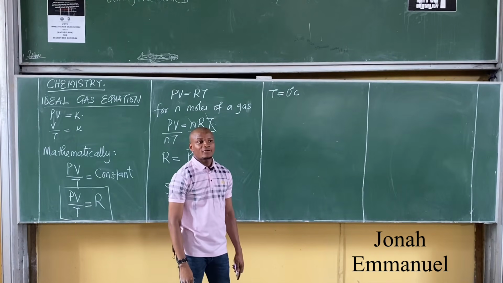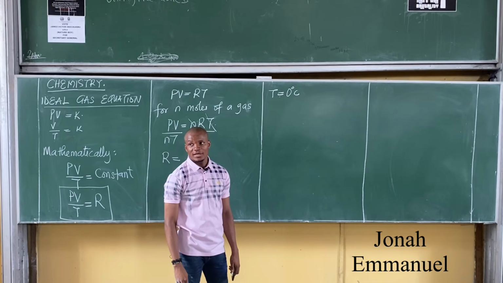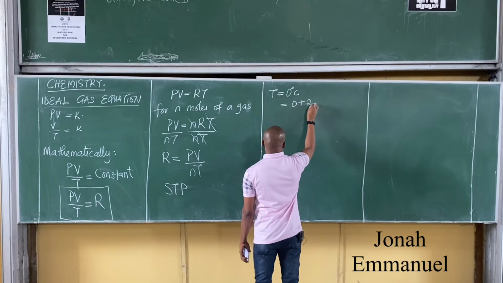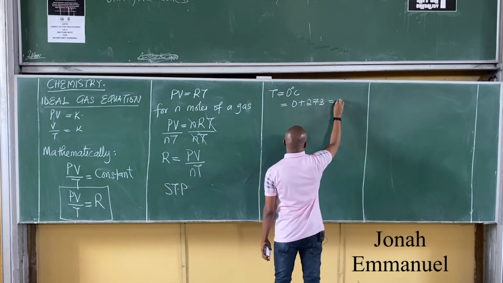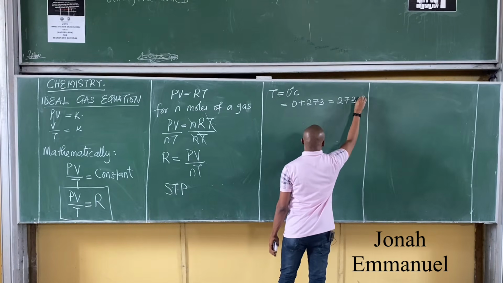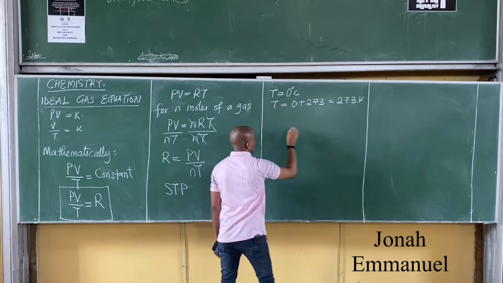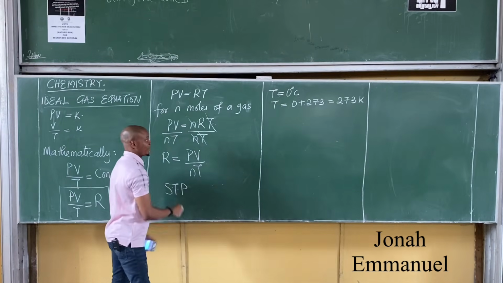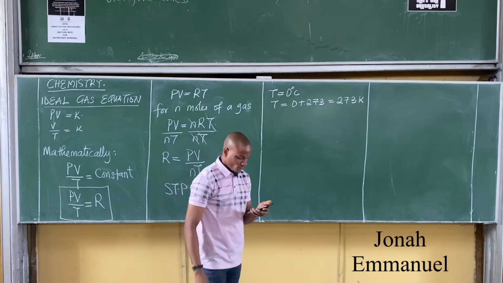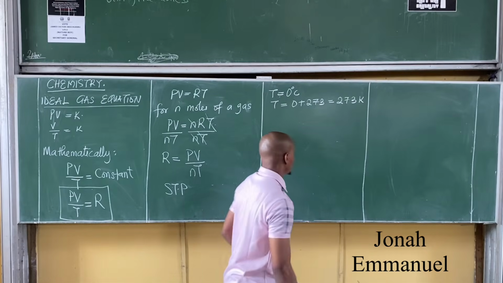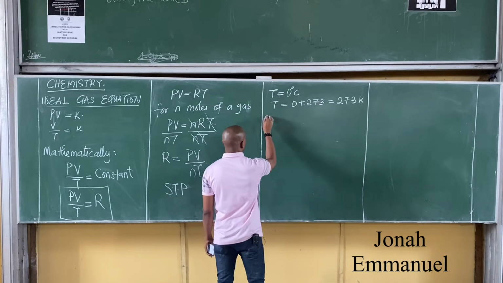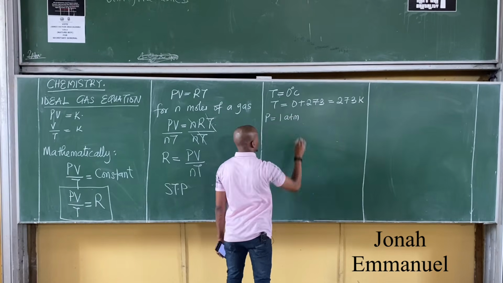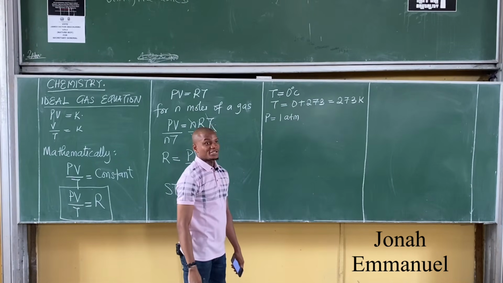Converting to Kelvin, it becomes 0 plus 273, that is 273 Kelvin. This is the standard temperature. Let's get the pressure. The standard pressure P is equal to 1 atmosphere.